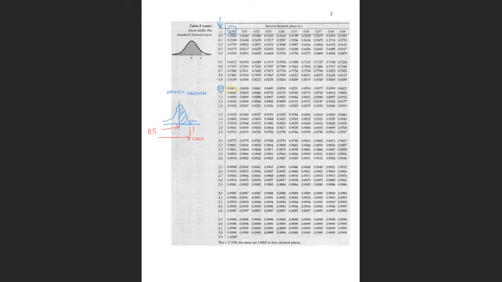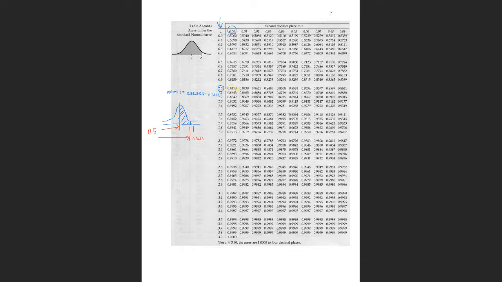The answer is 0.3413. Okay, so any questions for me? Okay, so that's how you would read the table and get your answer. You will be able to use this table for the exam, Diana, to answer your question.